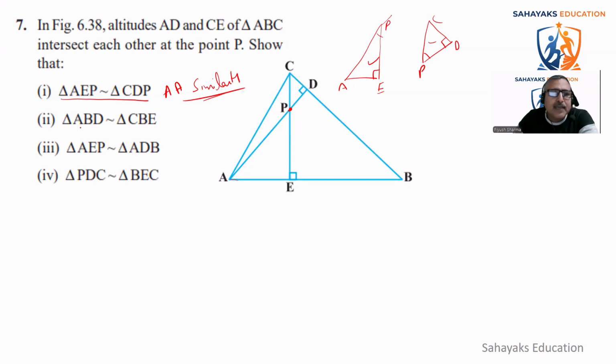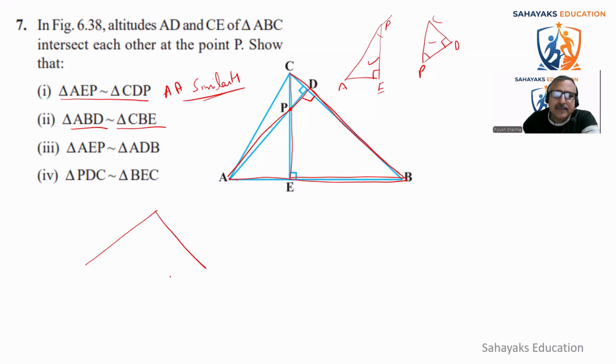Okay, now coming to the second one. ABD is similar to CBE. ABD has one angle that is 90 degrees, and CBE as well. I just make these triangles separately. This is one good tactic, to make the triangles separately so that you know what you are talking about. This angle is B here, this angle is 90 degrees, this is D and this is A. They are talking about ABD, so I've made ABD separately.